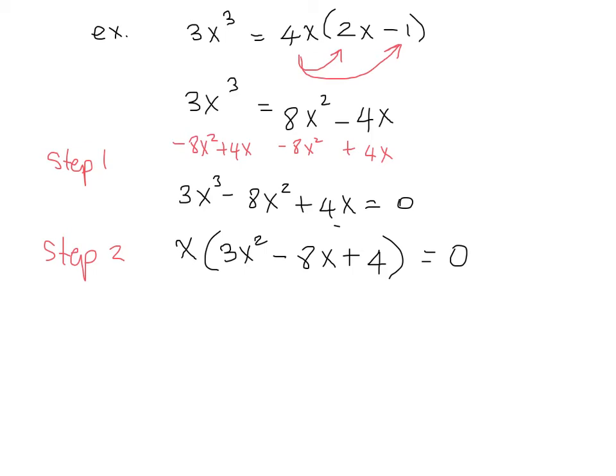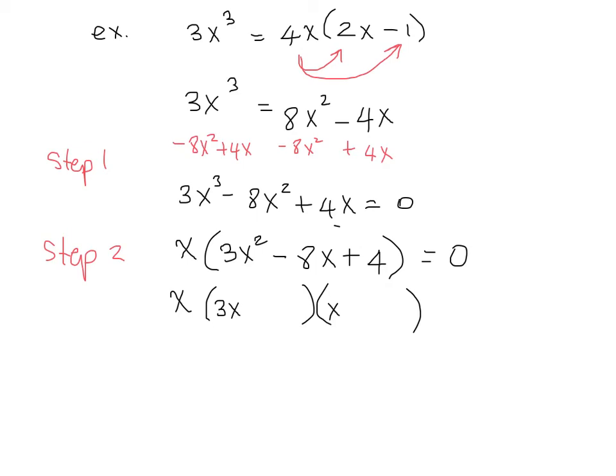Okay, so we have x here that stays there, and we're going to separate the 3x squared. So the only way we can separate that is having 3x over here and x over here. Now we have a positive 4, and how can we break up positive 4?